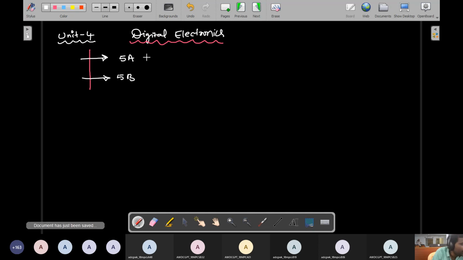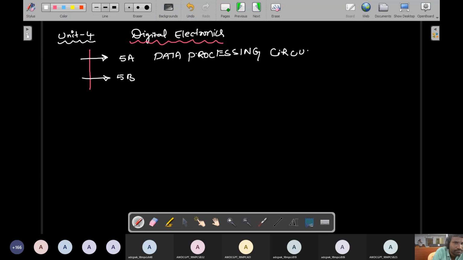The 5th A chapter is called data processing circuits, and 5th B is characteristics for digital ICs.